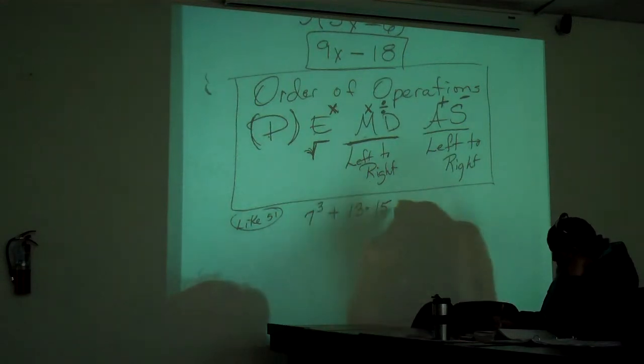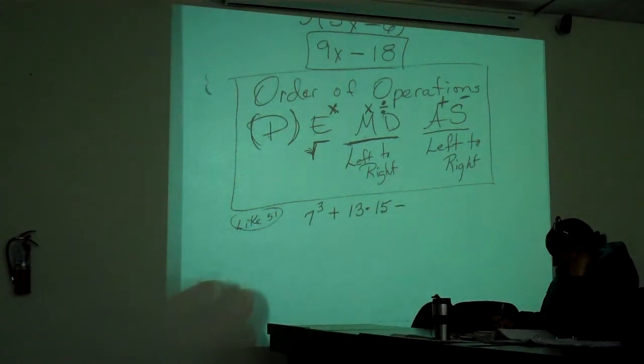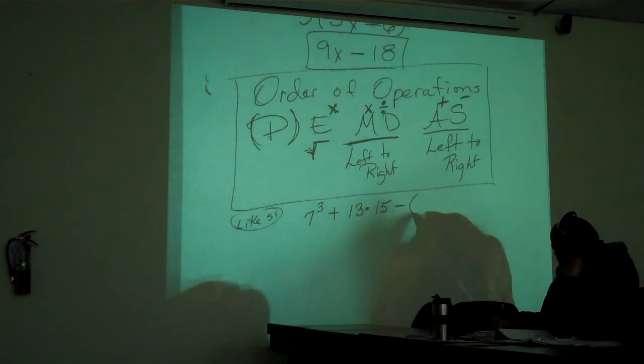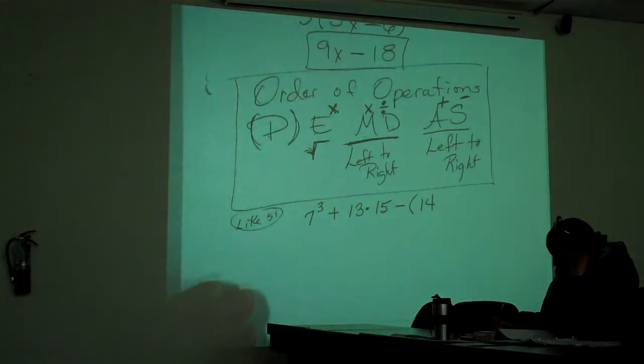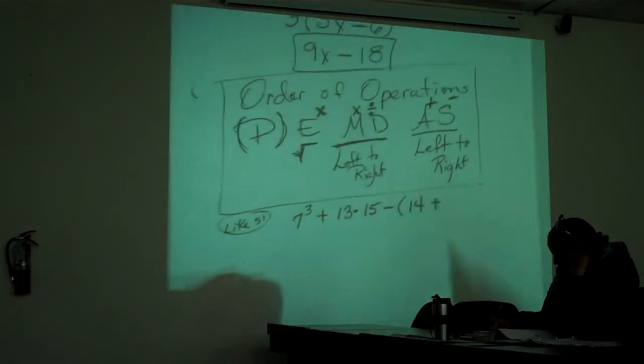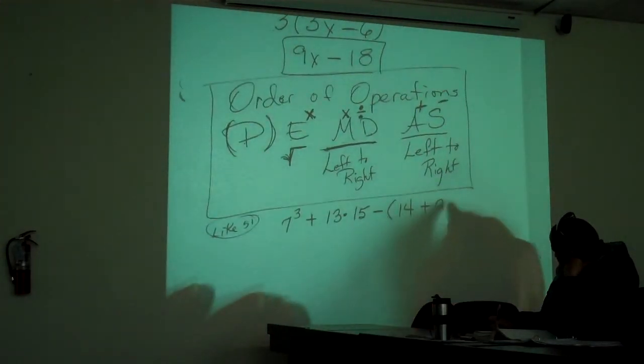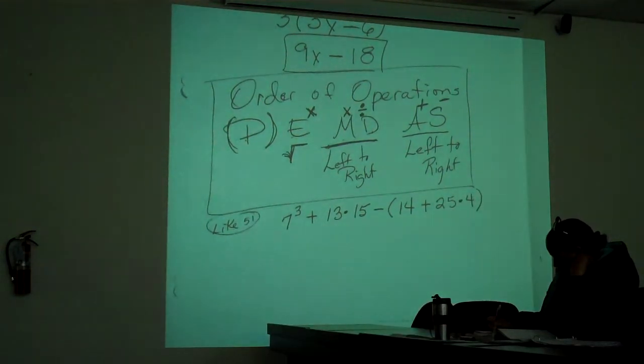Then a subtraction in front of a parentheses. Let's say 14 plus, and then a multiplication in there. Let's say 25 times 4. That's like 51, it has all the same operations. It's just different numbers.